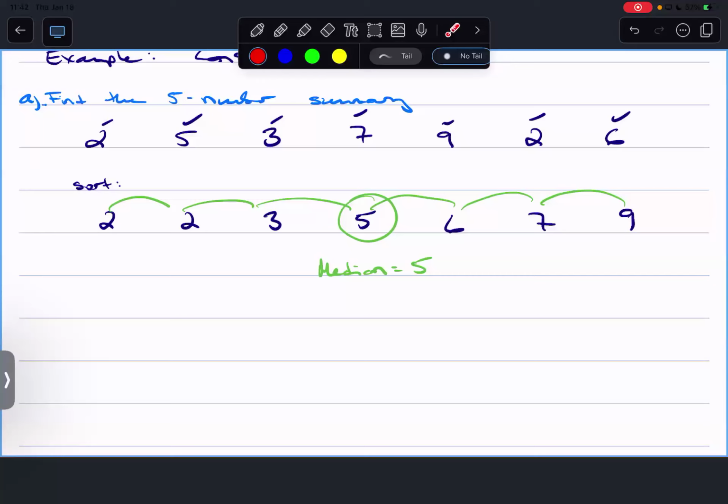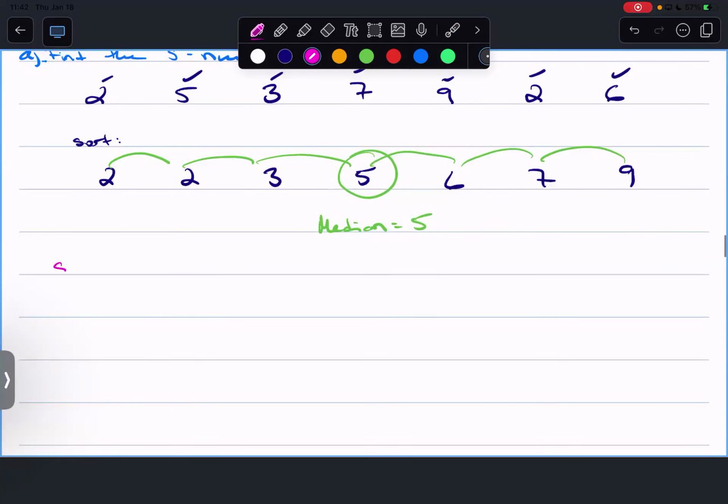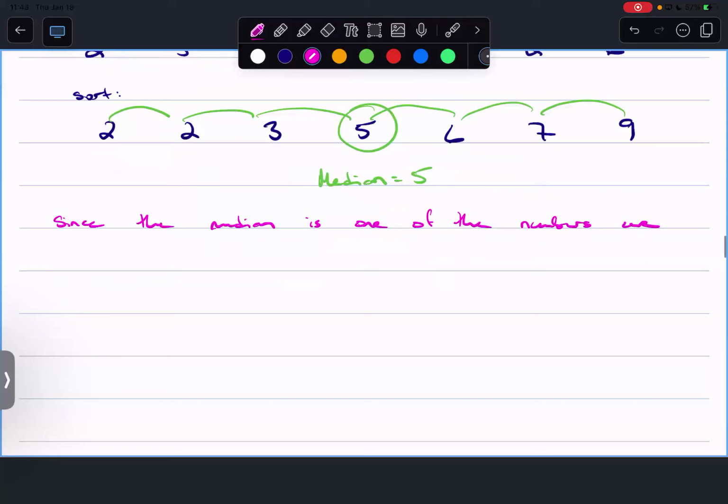Okay, so we'll have kind of 2 examples, and then we'll pick one that we like. Okay, so then to find the quartiles, I'll say since the median is one of the numbers, we don't use it in finding the quartiles.